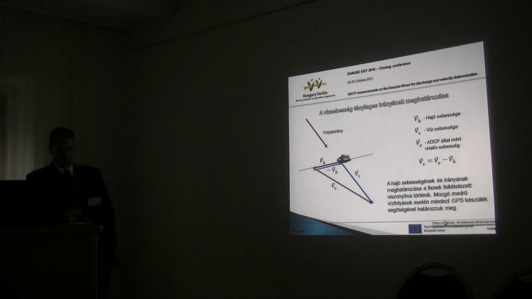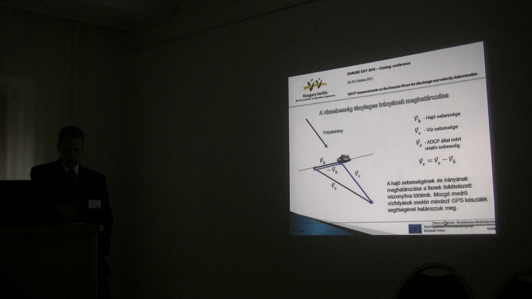Now I would like to say a few words about the determination of the true velocity. For this, first of all, the direction and the velocity of the ship need to be known. As the sound reflected by the bottom has a distorted frequency, it is possible to use it for determination of the ship velocity. This can only be done in case the reflection is stable.